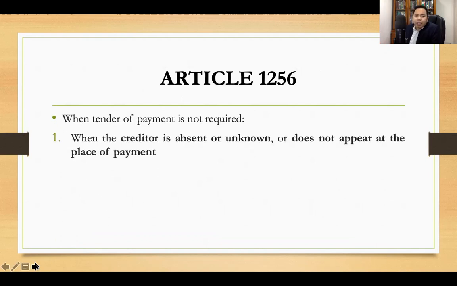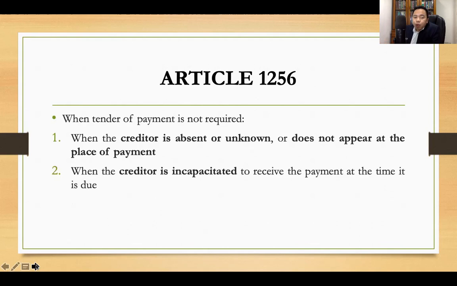When the creditor is absent or unknown or does not appear at the place of payment. For example, if the agreement provides that the payment is to be made at 1234 Luna Street, and then the creditor does not make himself available or present at the time and place of payment, then tender of payment is no longer required.